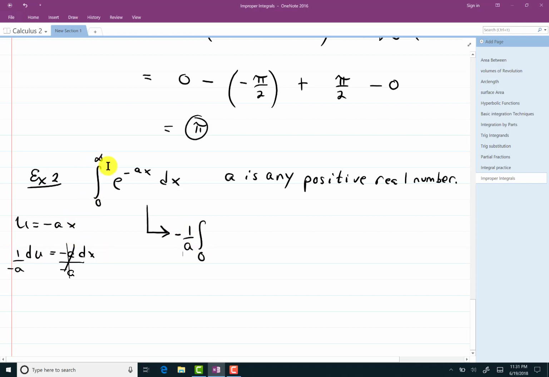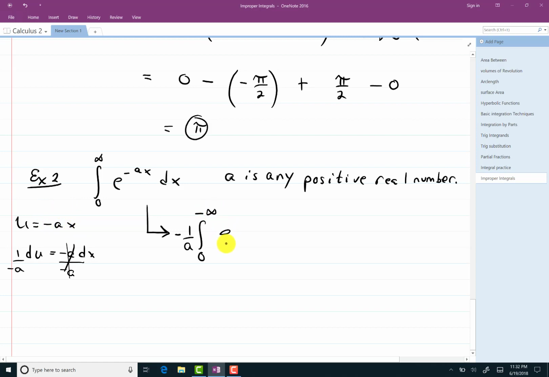Now, if you let x go to infinity, this part will go to negative infinity, because a is positive, so this piece right here, negative a, is guaranteed to be negative. If x is going to positive infinity, that means x is going to very big numbers. And just recall your calculus 1, this will go to negative infinity.